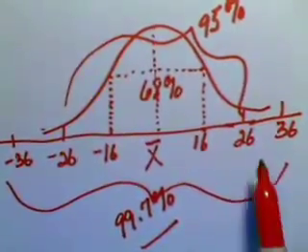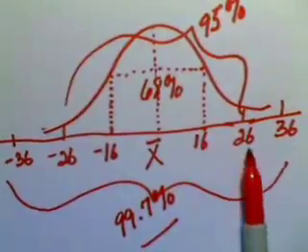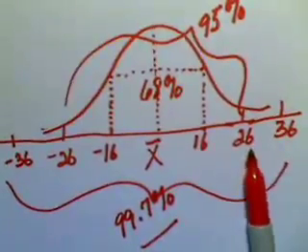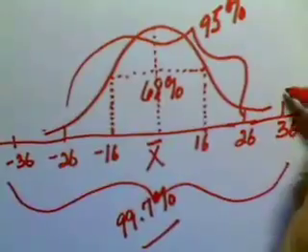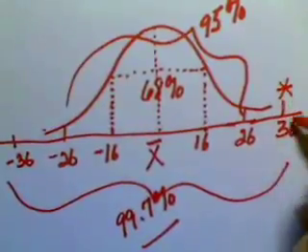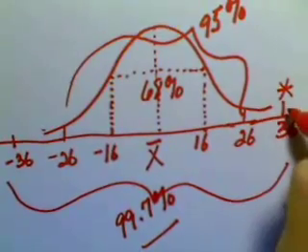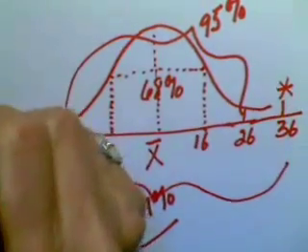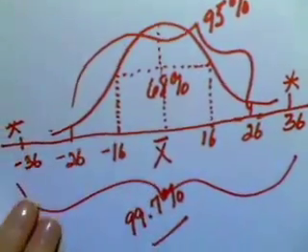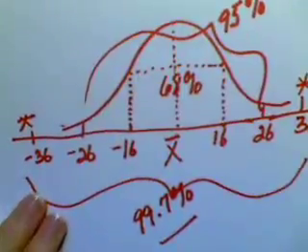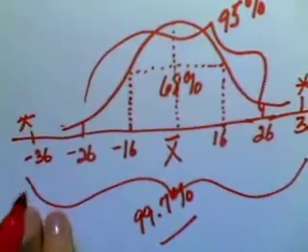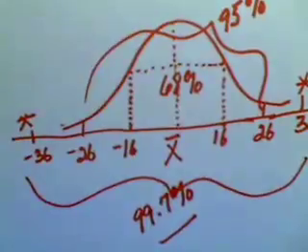If you are above 2 standard deviations from the mean, if the data value is up here, then that is unusual. If it's down here, then it would be unusually low, and that would be considered an outlier.